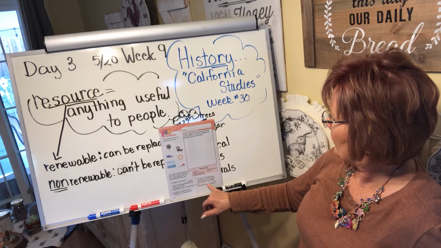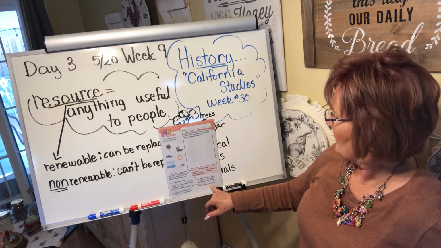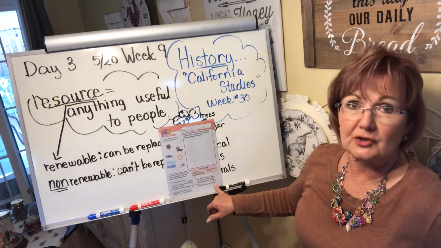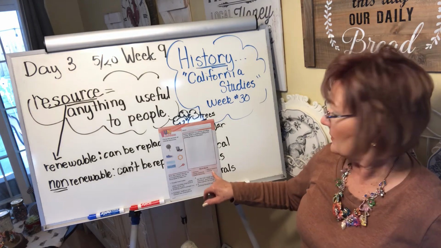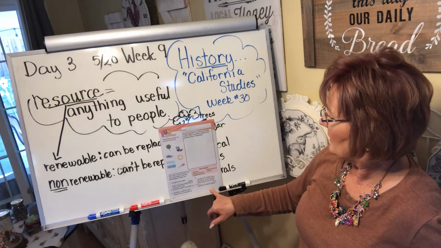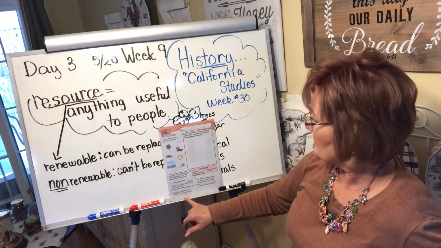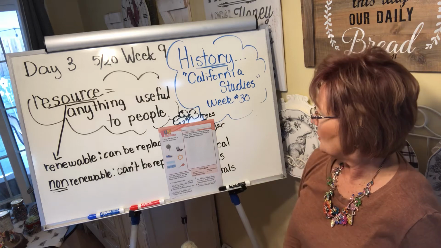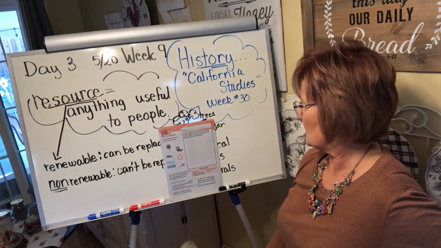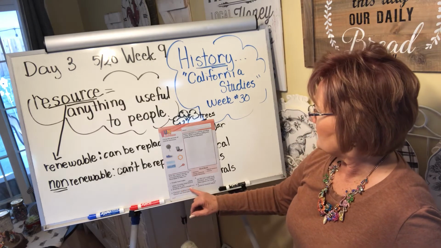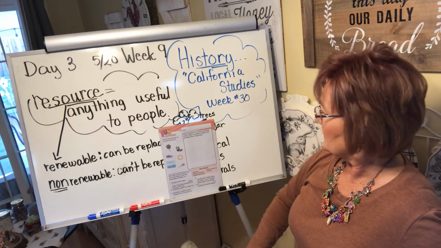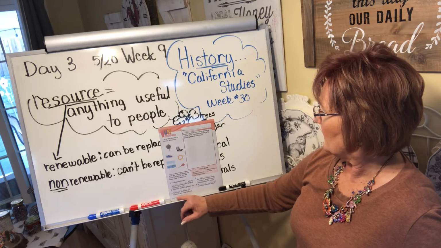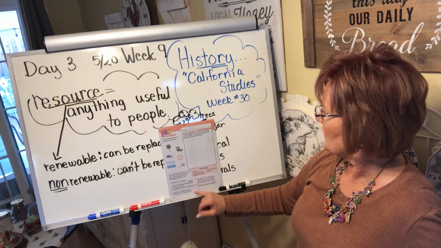And number 5, a blank is a resource found in nature. Nature, natural, nature, right there. Natural resources, number 5. So let's read it with the answers, okay? People must make choices wisely when choosing what kinds of resources to use. Anything useful to people is a resource. Teachers, mailmen, and bankers are examples of human resources.